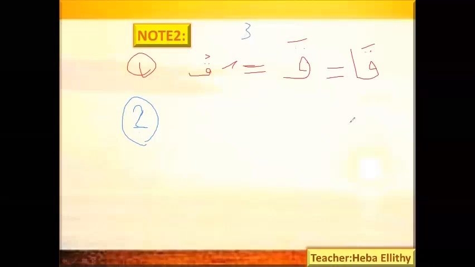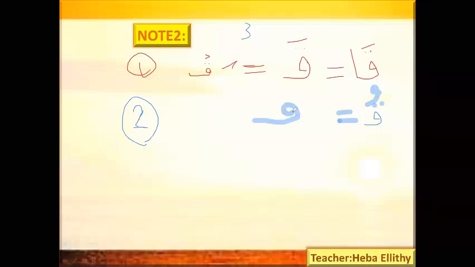Second level, they put the dhamma letter, qaf with dhamma, for example, equal to the second qaf, a sukoon letter preceded by any letter with dhamma.